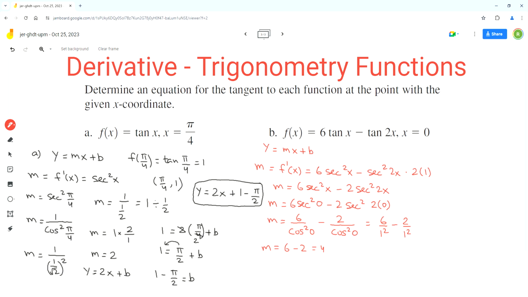Now we can sub in this m value in the general equation. Now we have to find the b value for the tangent, and for that we need a point that lies on the tangent. So we can sub in x as 0 to find the function value at x equals 0, and that point will also lie on this tangent.